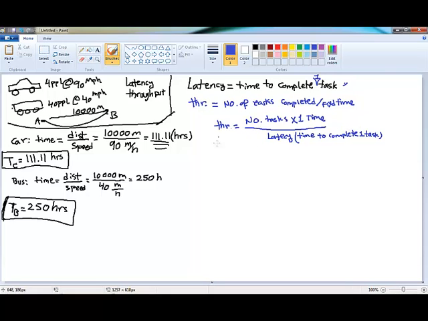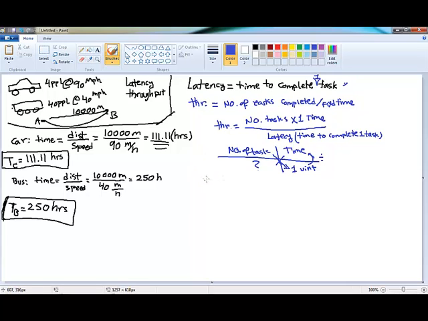Another way to look at it is that we see how many operations we have that took some time to complete, and then we are interested in how many operations we can complete in 1 unit of time. So you multiply the number of tasks and then you divide by your latency.